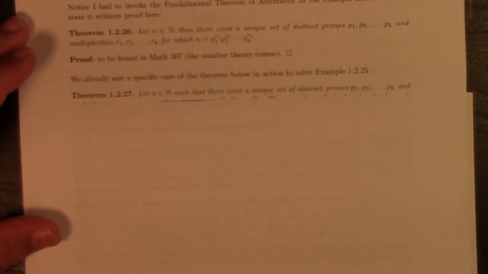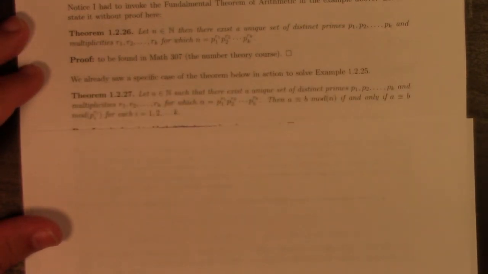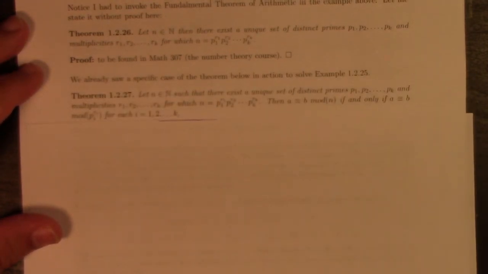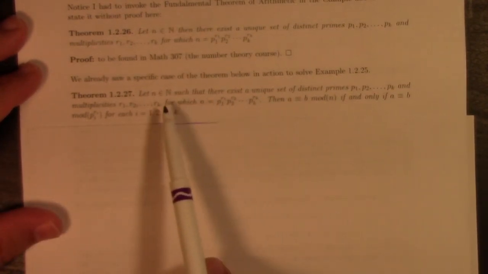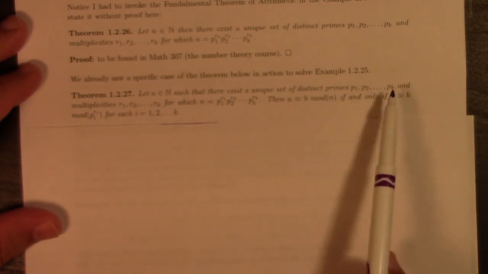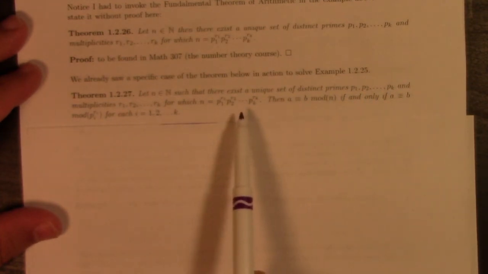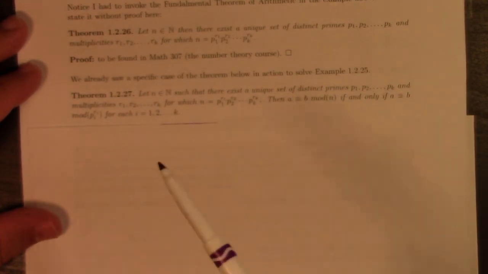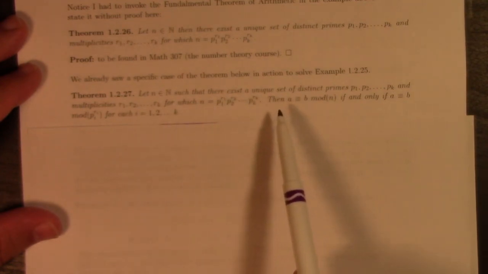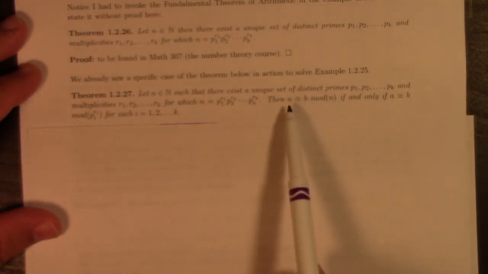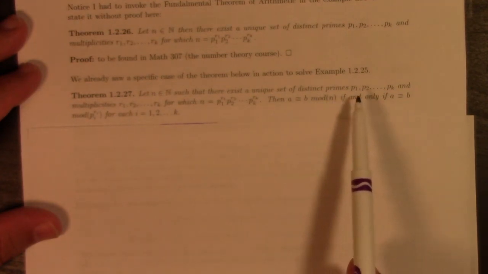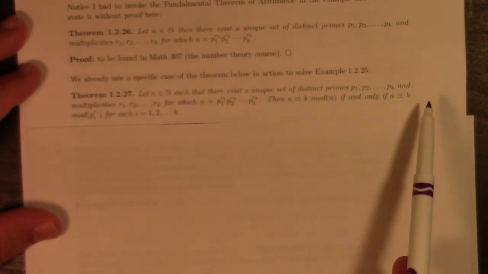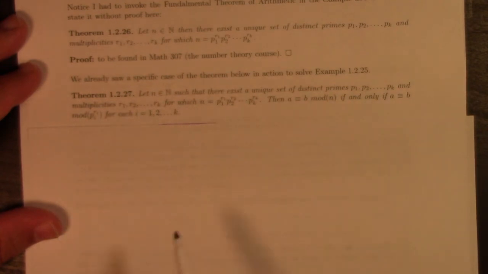All right. And then here's a consequence of that. n is a natural number. There exists a unique set of primes, multiplicity, that. All right, great. Okay, so that's just what I just said. All right, furthermore, a is congruent to b mod n. All right, here's the extra thing. a is congruent to b mod n if and only if a is congruent to b mod each prime power.